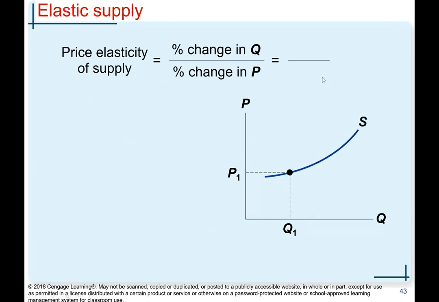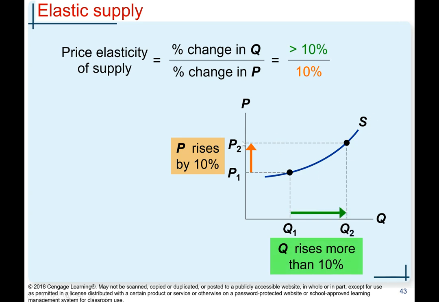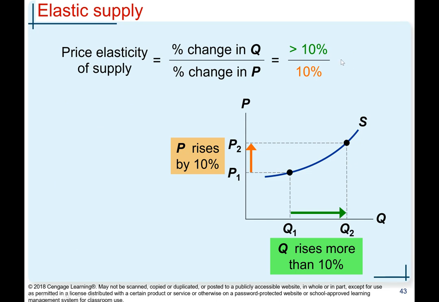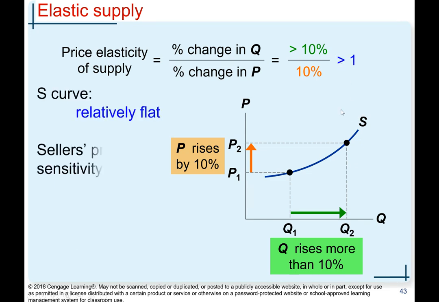Elastic supply. We calculate elastic supply with the same change in price of 10%, but quantity changing from Q1 to Q2 changes by a number greater than 10%. And when a number greater than 10% goes into this formula, the result is a number greater than 1.